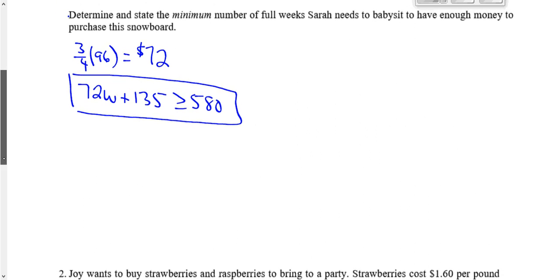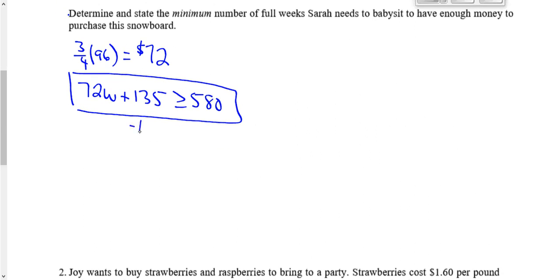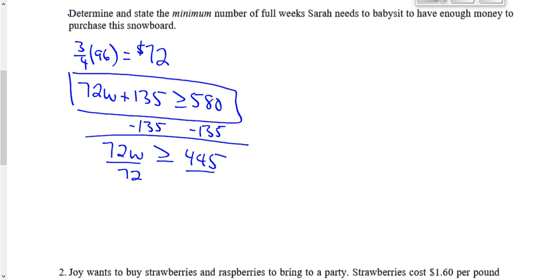So what are we going to do, everybody, to solve this? Subtract 135 to get 72W greater than or equal to 445. And then finally, divide by 72.